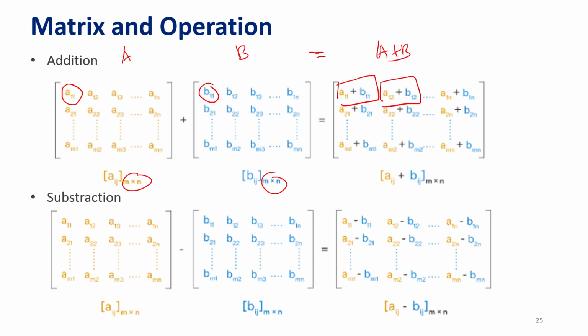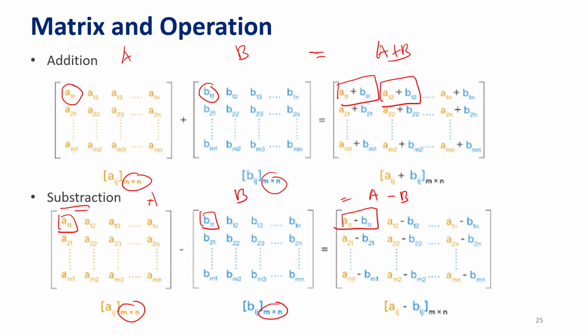The same concept applies to subtraction. Whenever you have matrices A and B with the same size, m by n, in order to subtract, A minus B, the values of the corresponding entries at the same index will be the subtraction of them.